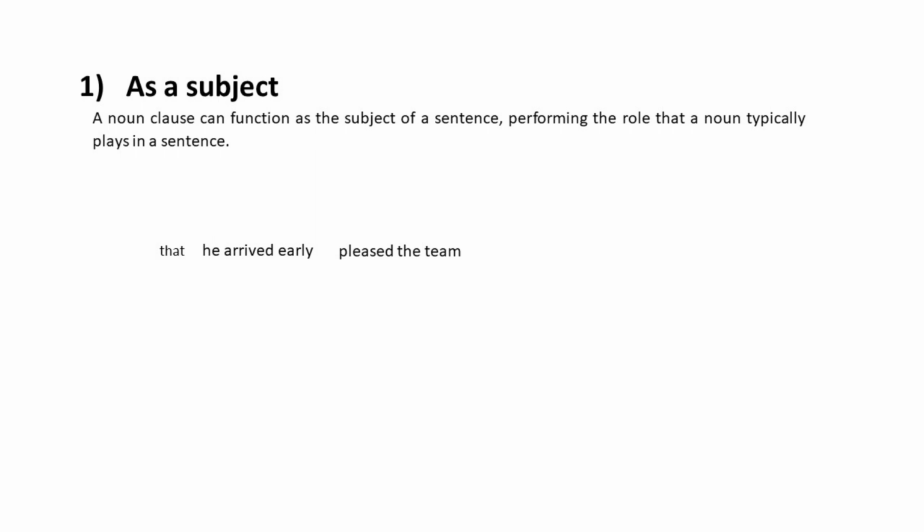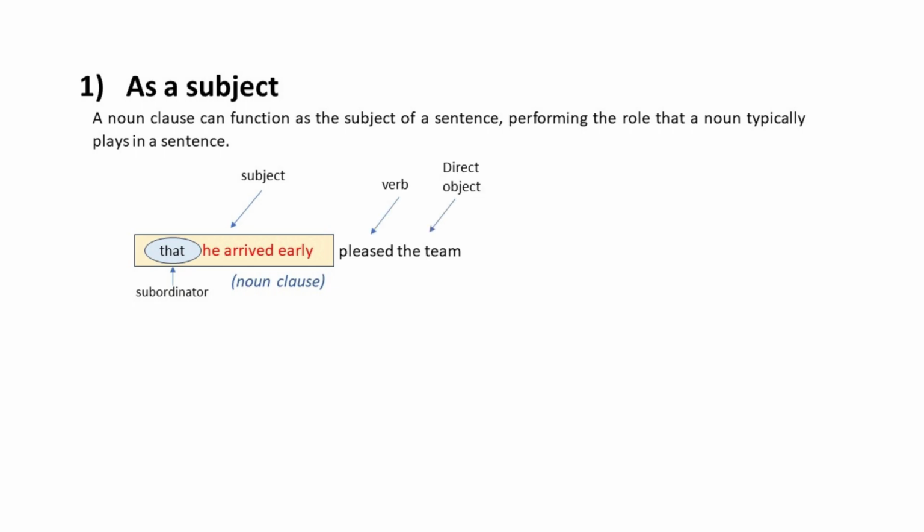That he arrived early is a noun clause with that as subordinator, and it is the subject of the sentence. Pleased is the verb, the team is the direct object. So we can conclude that that he arrived early is a noun clause functioning as the subject.